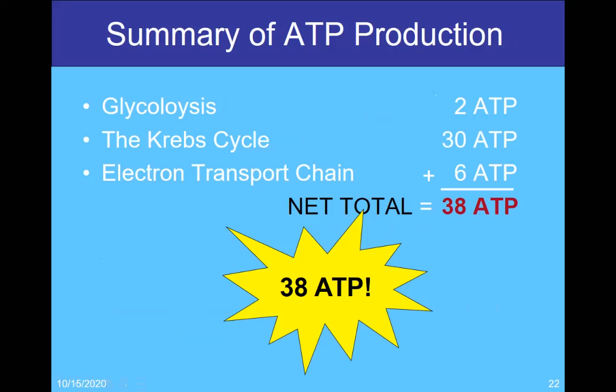In the electron transport chain, we make 6 more ATP for a net total of 38 ATP. That's far more ATP than the 2 we see from fermentation. So we have 36 more ATP going through cellular respiration as opposed to simply doing glycolysis and going into fermentation. That's a big difference.